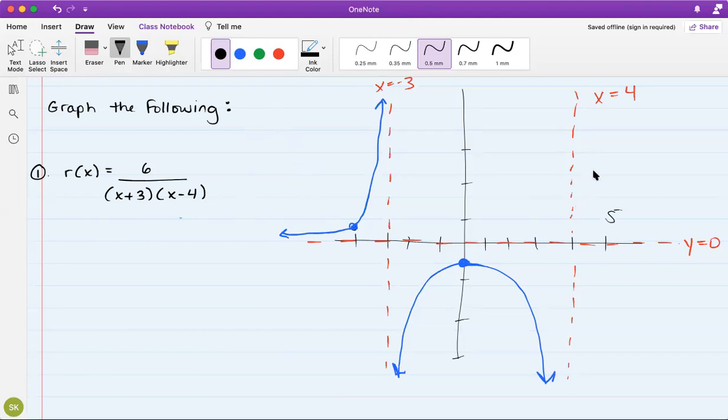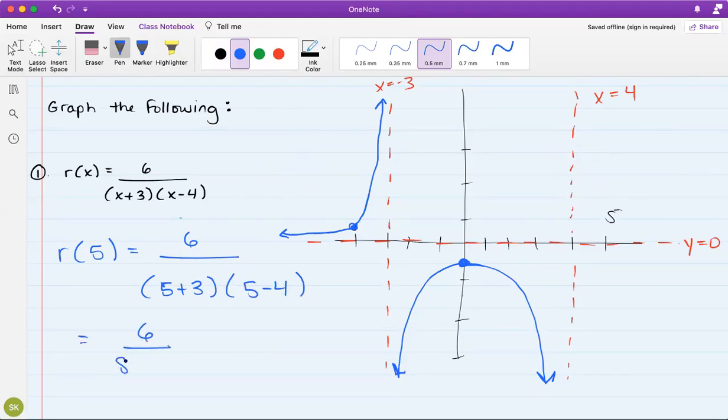If we plug in 5, we get 6 over 5 plus 3 times 5 minus 4, which is 6 over 8 times 1, which is 6 over 8.